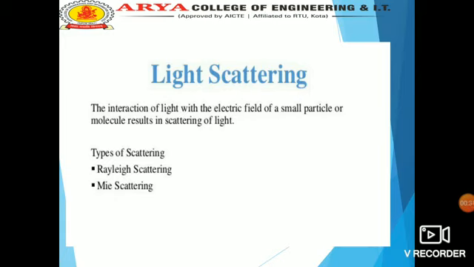The interaction of light with the electric field of a small particle or molecule results in scattering of light. Scattering is of two types: Rayleigh scattering and Mie scattering.